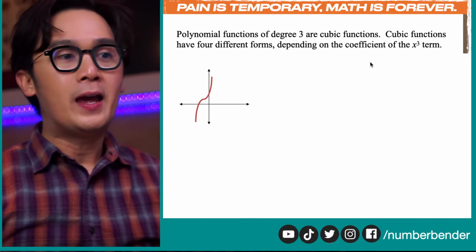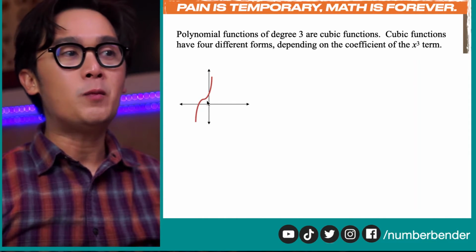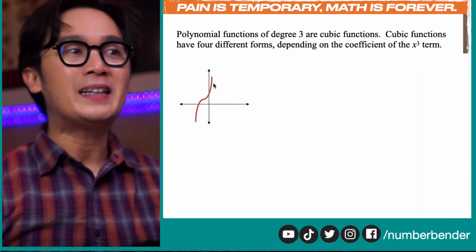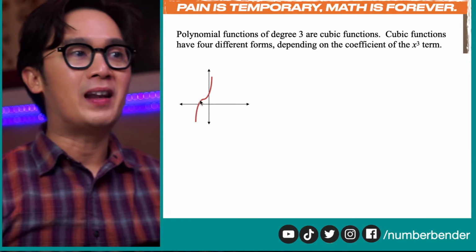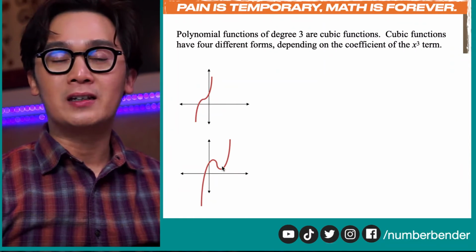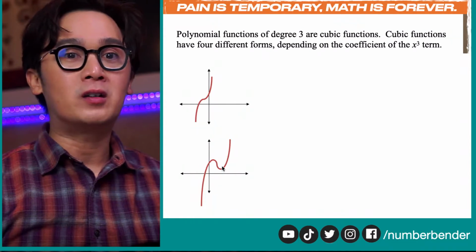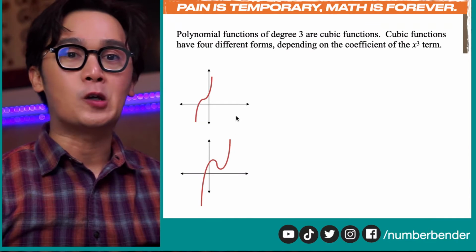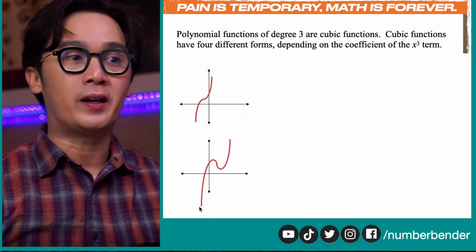So this one, you will notice that in this cubic function, the right end is going upward and the left end is going downward. And if we have another cubic function similar to this one, their behavior is the same because the right end is going up and the left end is going downward.